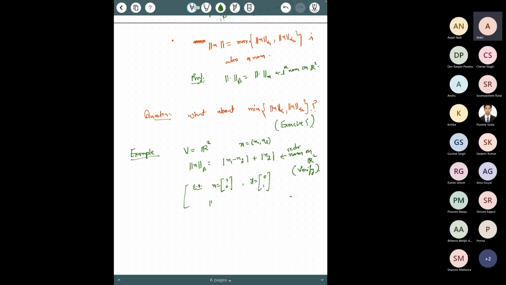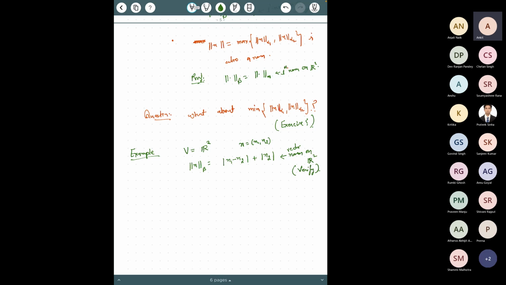But now if you look at x plus y, what is x plus y? So let me first complete the statement here, and then I'll give this example.